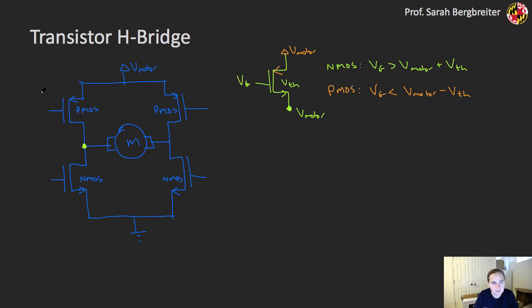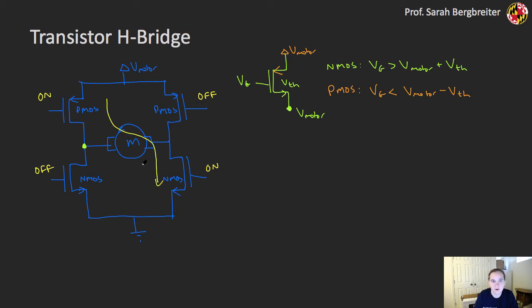Alright, in this case with MOSFETs, if I apply a voltage such that this PMOS transistor is turned on at the gate, and this NMOS transistor is turned on, and these two over here are turned off, then I will get a current path that looks like this.